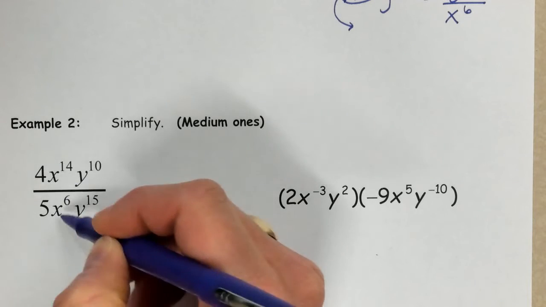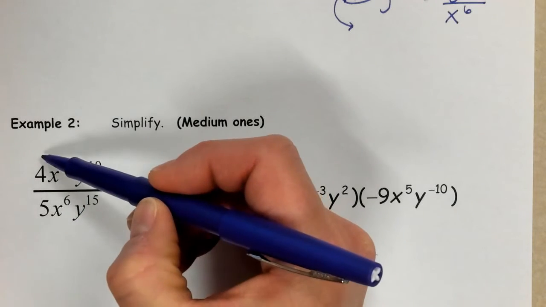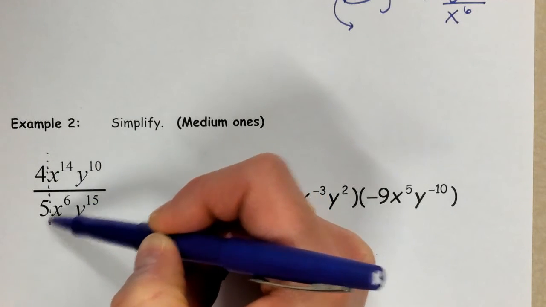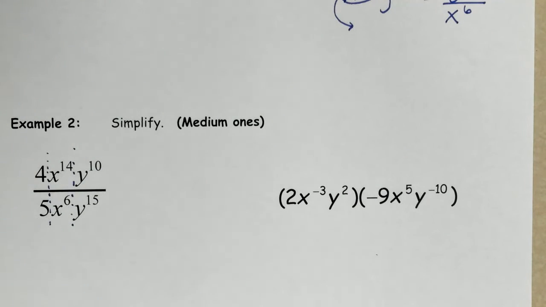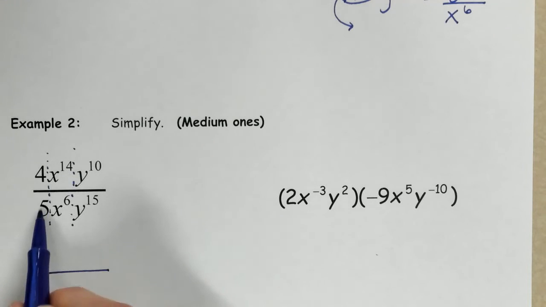Okay, here's two that are slightly more difficult to finish things up. This one looks impressively difficult, but it's really not so bad. Just remember to separate the numbers and the x's and the y's and deal with them at 3 separate times. So the first thing we look for is, is there any dividing or simplifying that can happen with 4/5?